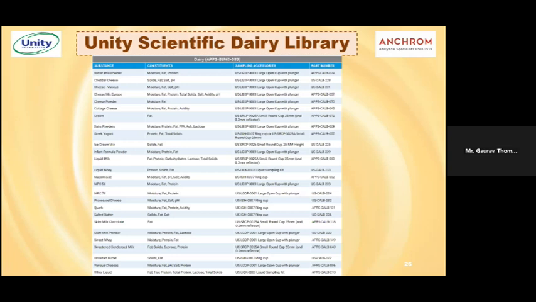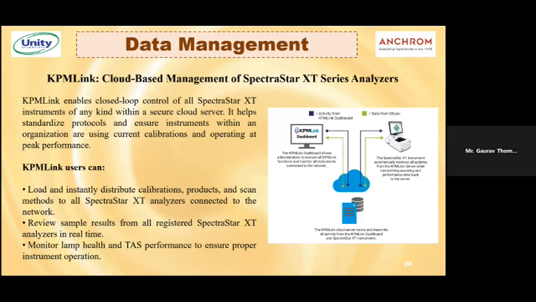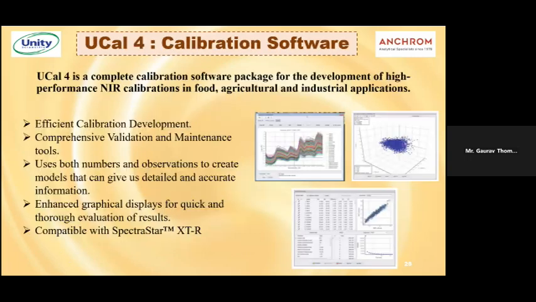Now this UCal4 software comes into the picture. What it allows you to do is collect the primary data and prepare custom calibrations for your new or novel products which are not in the list of calibrations.